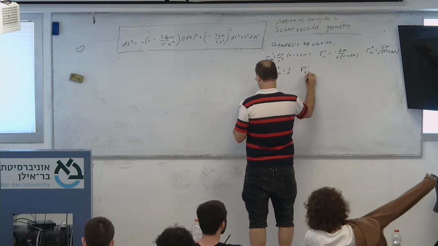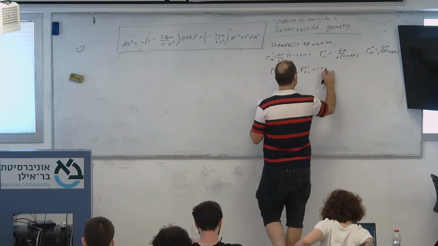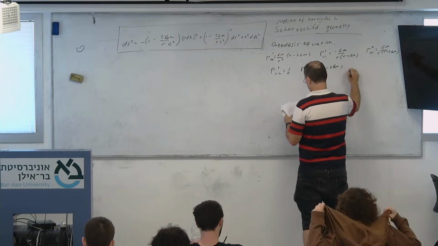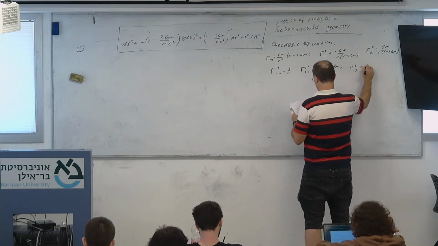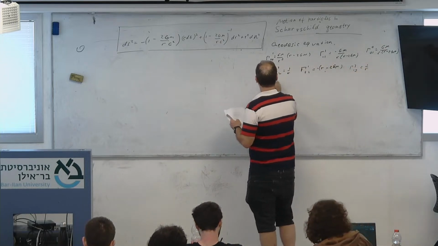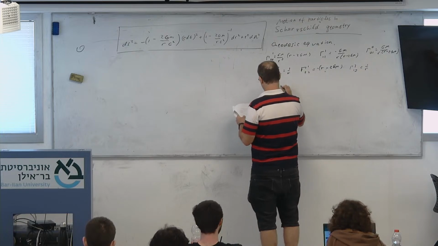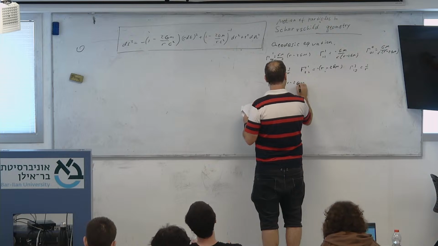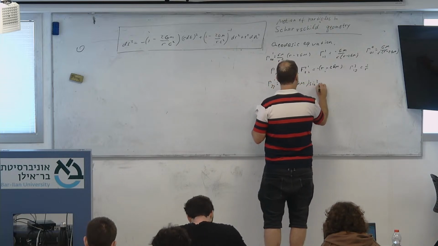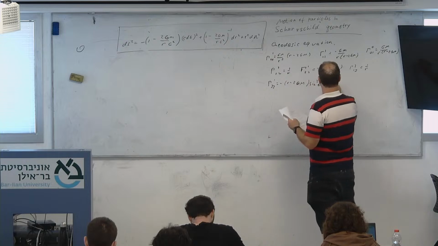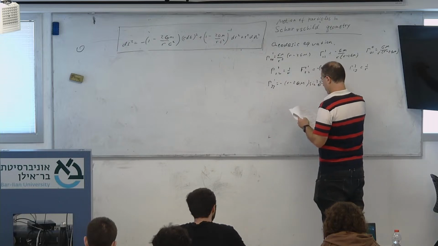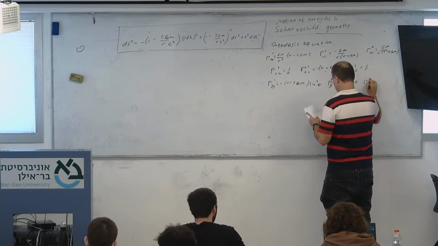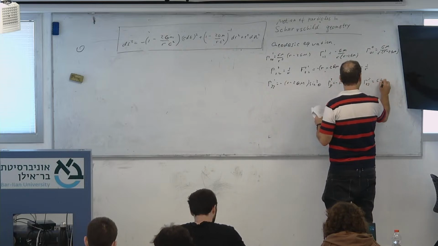Gamma 1,2,2 is minus (r minus 2GM). Gamma 3,1,3 is 1 over r. Gamma 1,3,3 is minus (r minus 2GM) sine squared theta. Gamma 2,3,3 is minus sine theta cosine theta, and gamma 3,2,3 is cotangent theta.